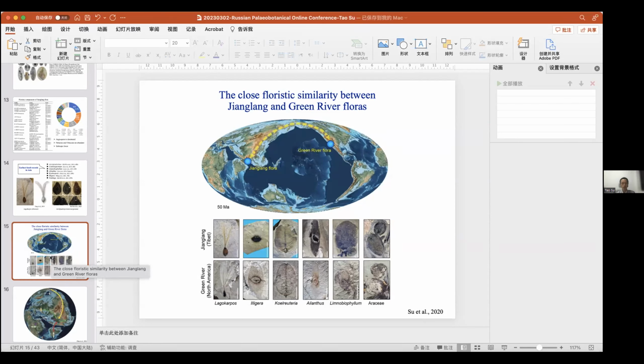Yeah. We found the Jianglang flora 6 years ago, and this is totally new for paleobotanists. So why are the floristic components so similar in the Northern Hemisphere at that time?